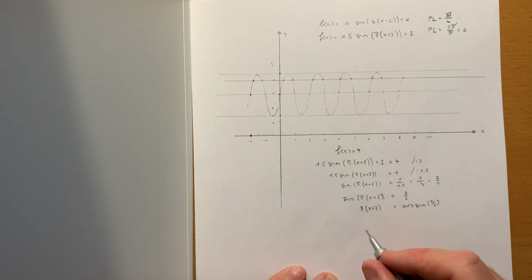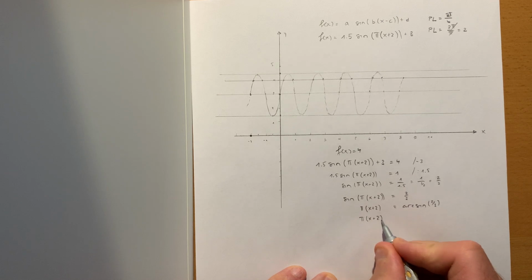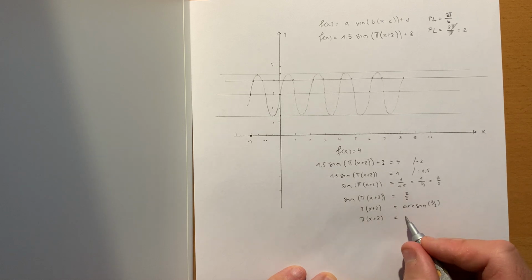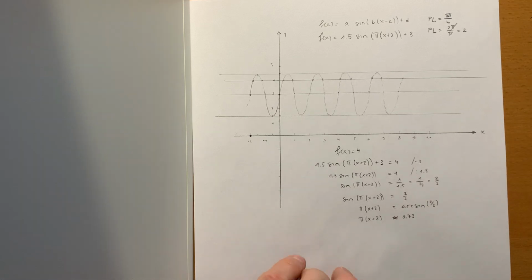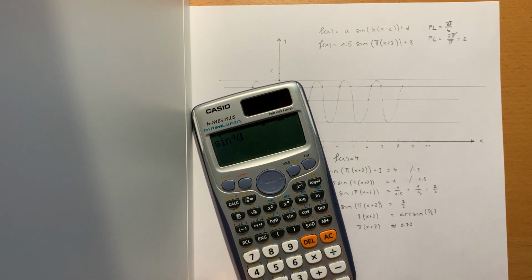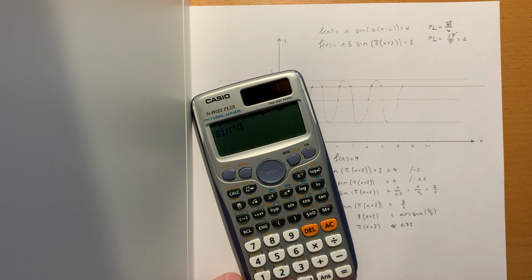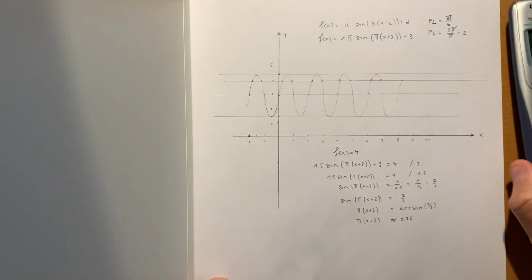Well, our calculator did say last time that arc sine of 2/3 is approximately 0.73. Let's recheck that. So arc sine, make sure your calculator is set to the radian measure, 2 divided by 3. Well, it's approximately 0.73.